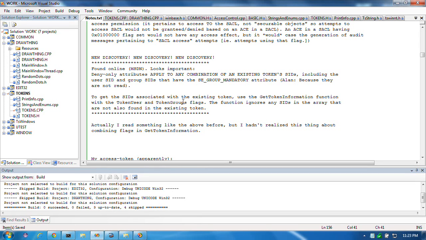I suppose you'll do it separately. See, it seems to indicate to put them both. The function ignores any SIDs in the array that are not also found in the existing token, in the array.